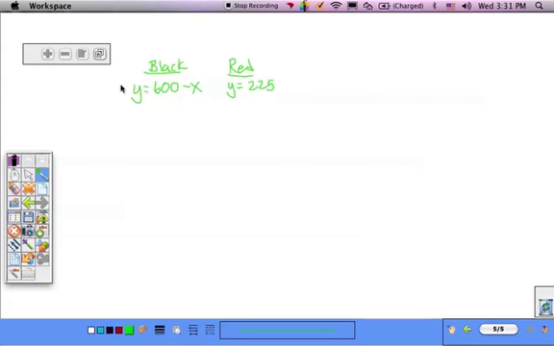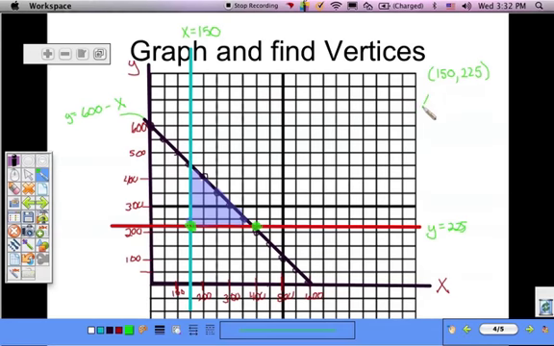Well, we know our y value, but we can figure out what our x is simply by plugging in our y value. So y is 225, so 225 equals 600 minus x. Subtract the 600, so we have negative 375 equals negative x. So that tells us that x is 375. So our coordinate for the second one is x is 375, y is 225.